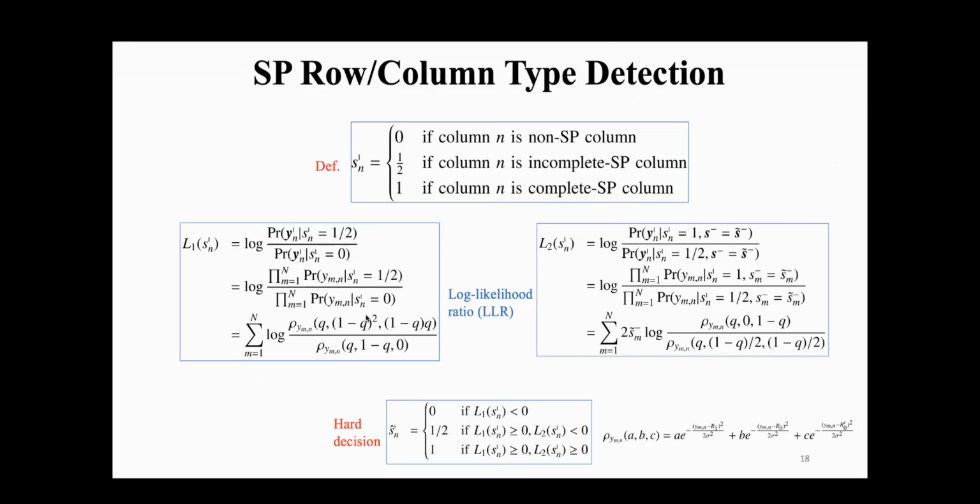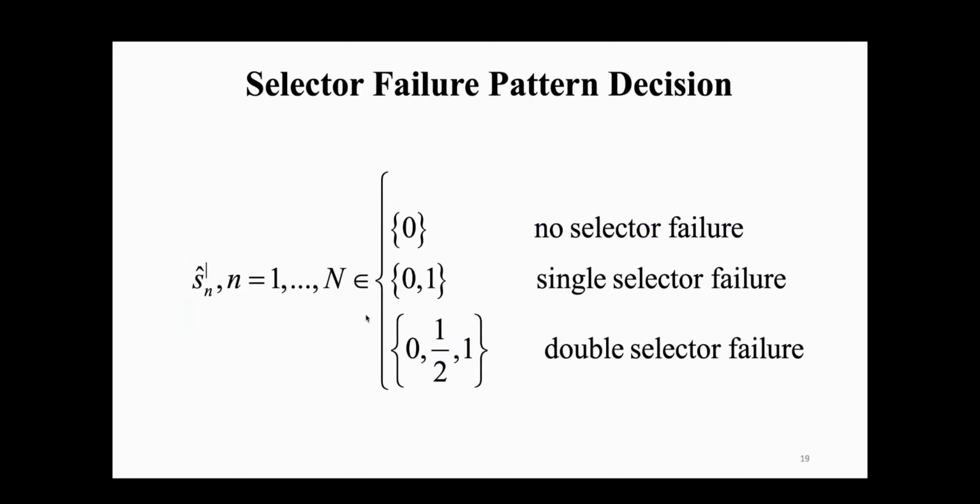So we first detect the SP row and column types of each row and column. Based on the SP row and column types, we can determine the SP number of each row and column, and therefore the selector failure pattern of the array can be detected.